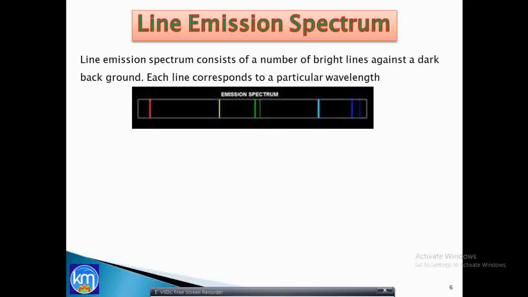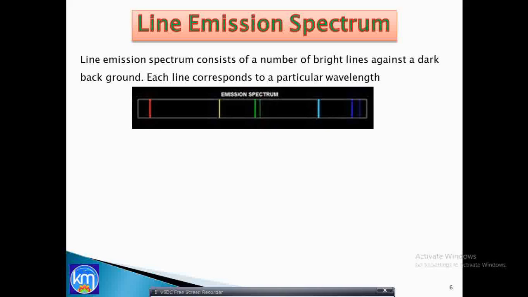If you observe the mercury vapor lamp, most probably in your 4th semester of BSc you will have an optics experiment. There you can see, when you observe the mercury vapor lamp, or a sodium vapor lamp, with the help of a grating, this type of spectrum. This is what we call the line emission spectrum.